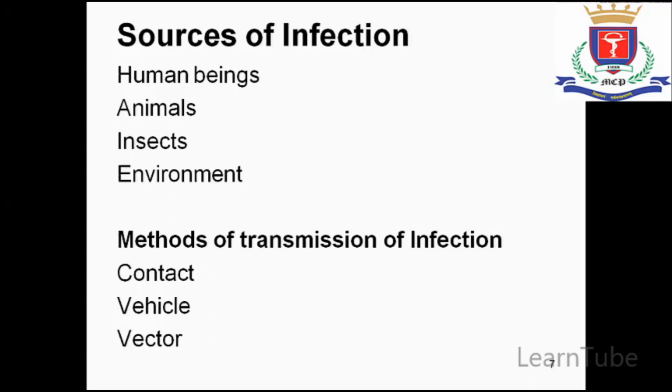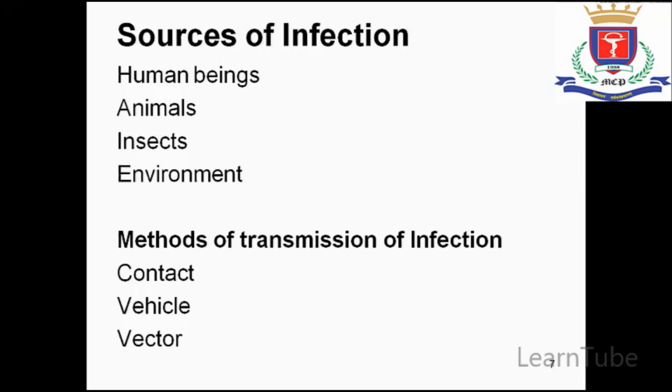Now, what are the methods of transmission of infection? Usually contact, that is one-to-one, person-to-person contact. So that may lead to infection. In case you are suffering from a pulmonary disease, by sneezing, coughing, you can spill out the sputum on some other person by mistake, and it may lead to disease. Next is vehicle.